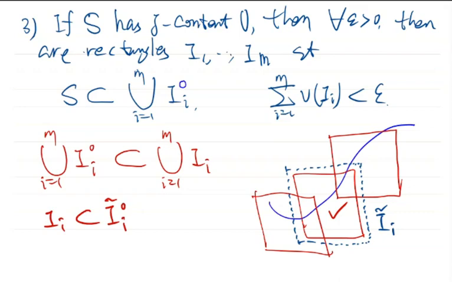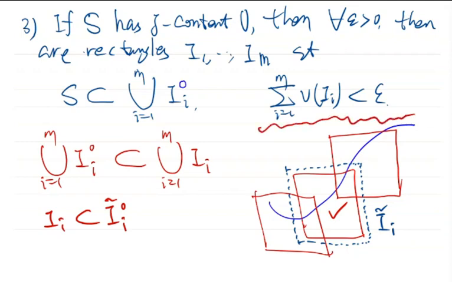Therefore, the union of the interiors of the I tilde contains the union of all the I_i, and therefore contains S. So we can use the interiors of the slightly enlarged rectangles, and slightly enlarging the rectangles will not change the total volume too much.